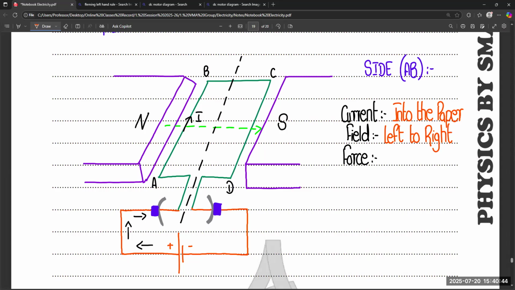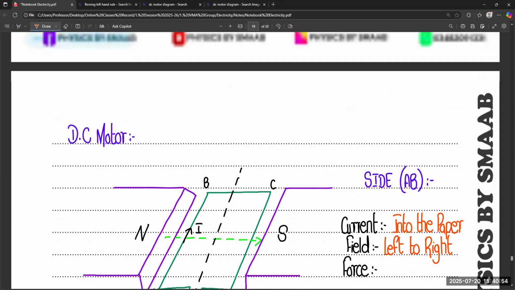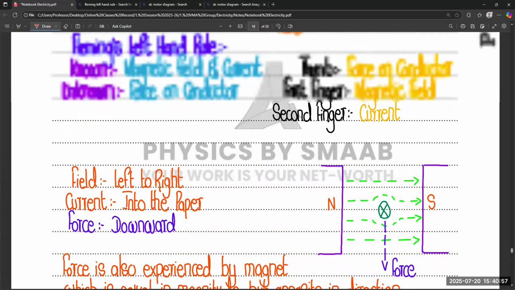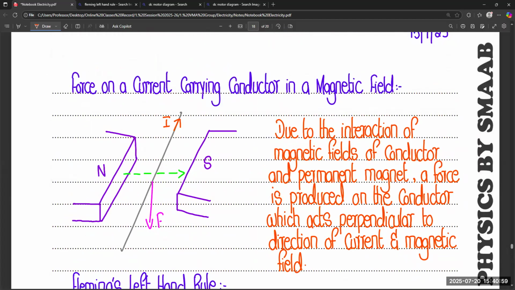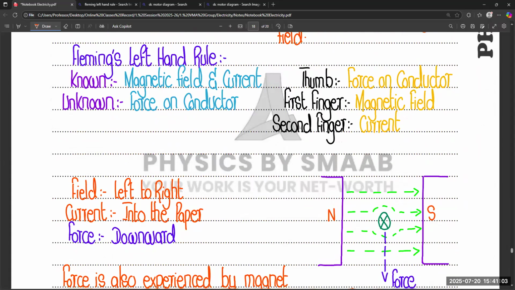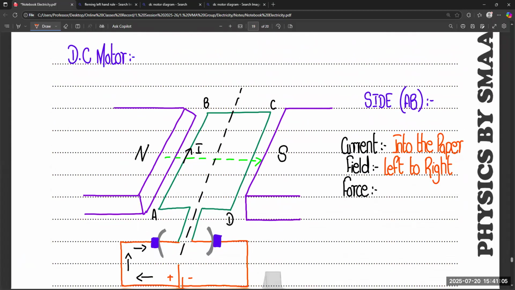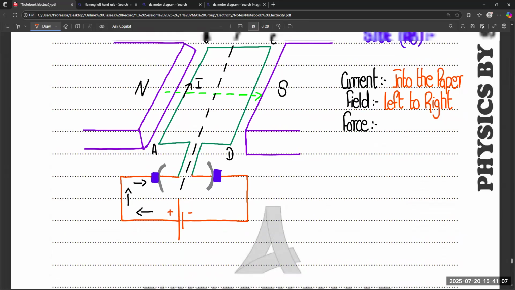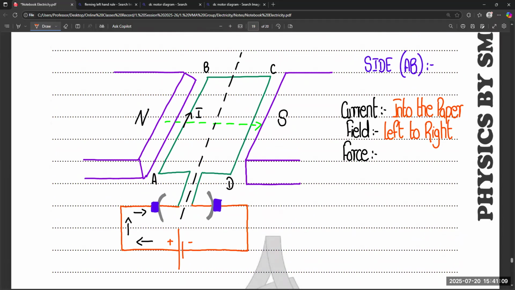For the direction of the force, again, Fleming's left hand rule. If you apply Fleming's left hand rule, it will be in the downward direction, just like the same scenario we discussed over here. So the direction of force is downward. It means that on the left side of the coil, force acts in the downward direction.